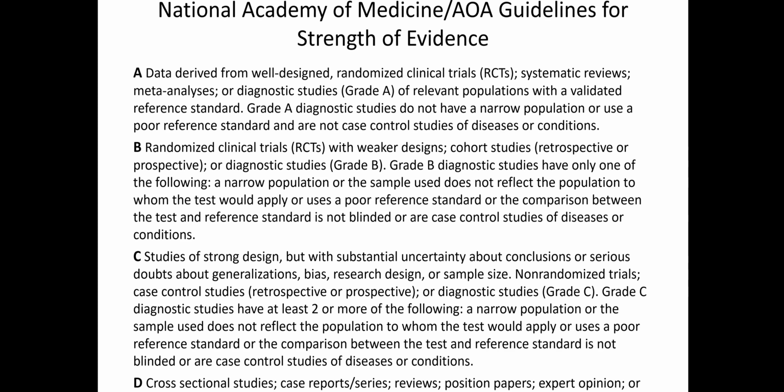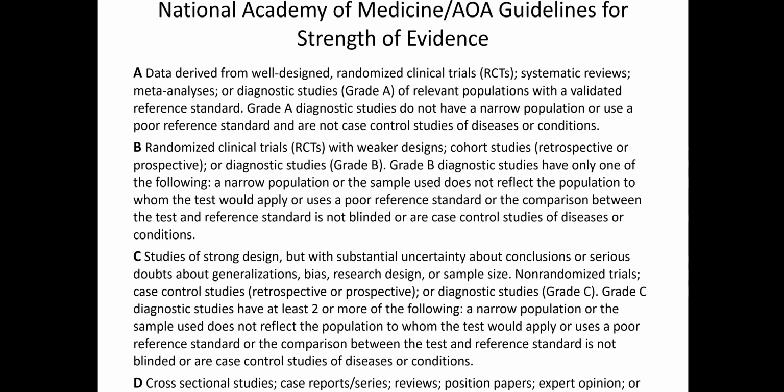Again, diagnostic studies, level B, generally have more restrictions on the population. Level C are studies with a pretty strong design, but with some real limitations of bias.